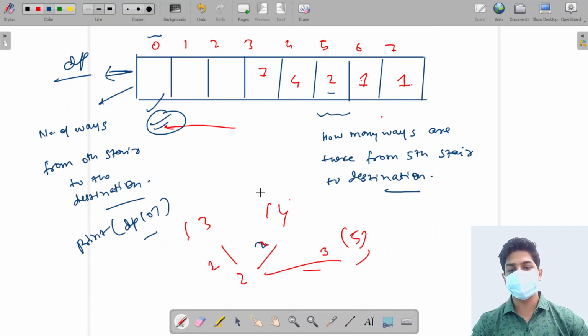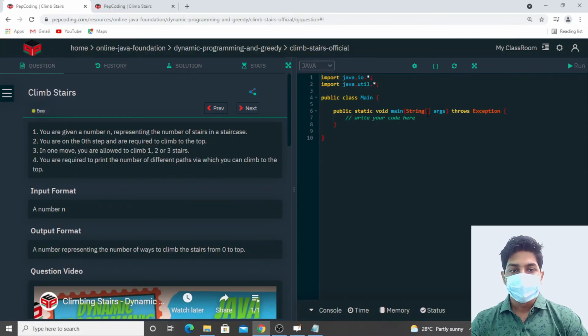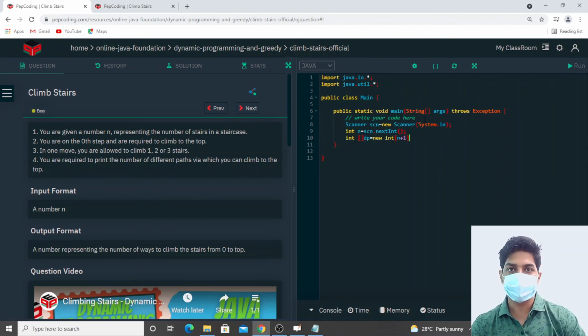Let's try to code it out and see whether the thinking process we have developed is correct or not. So, Scanner scn. Then we are given an integer n, that is the number of stairs, and we will make an integer array dp, new int of n plus 1.